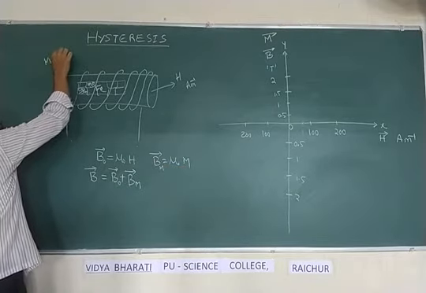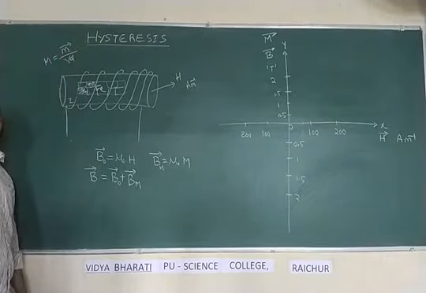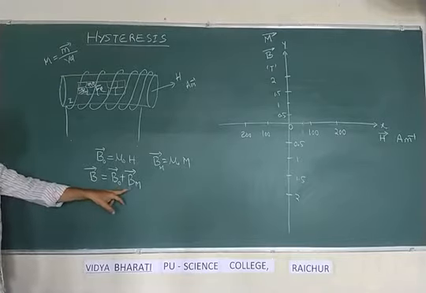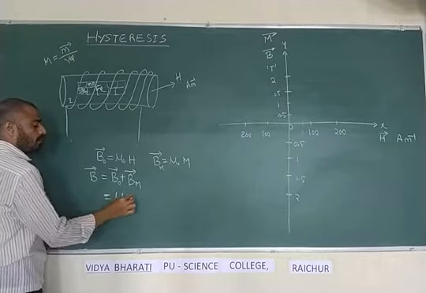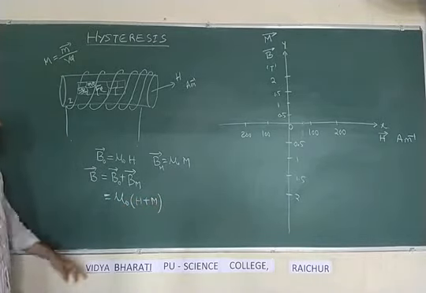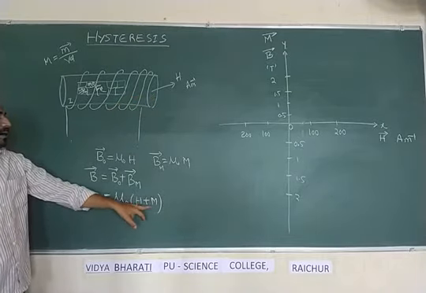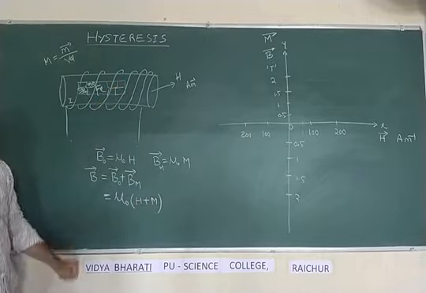Intensity of magnetization is the magnetic dipole moment developed per unit volume. Now the net magnetic induction inside the material, the total magnetic field inside the iron, is equal to the sum of two fields, B equals mu naught into H plus M: the magnetizing field intensity of this solenoid and the intensity of magnetization of this iron.